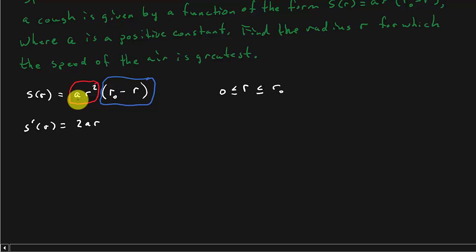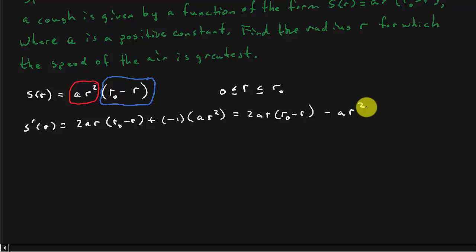Remember, a is just a number. So that's the derivative of the first times the second plus the derivative of this one. Well, r0 is a constant, so derivative of that is 0. Derivative of minus r is -1, and then times ar squared. And so this is going to be 2ar times r0 minus r minus ar squared.